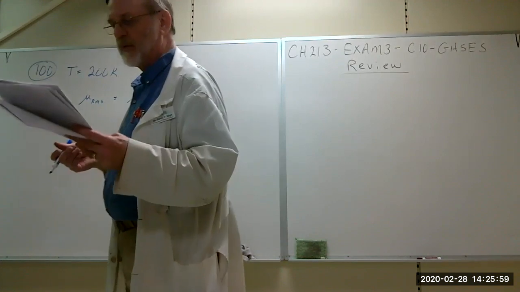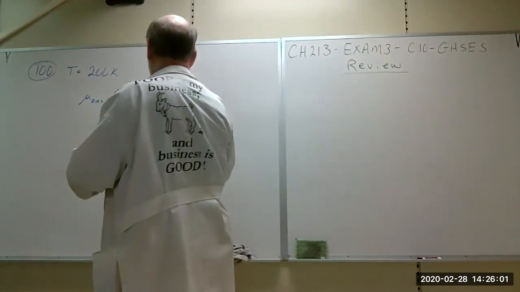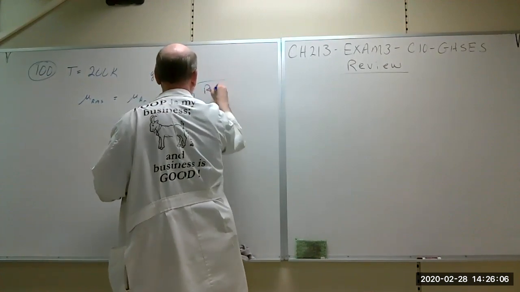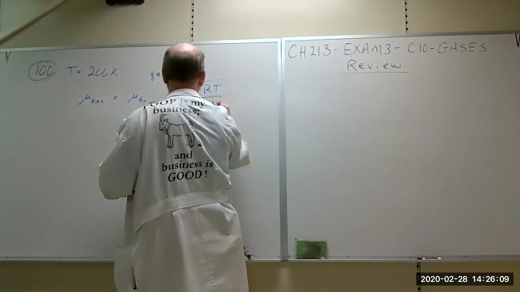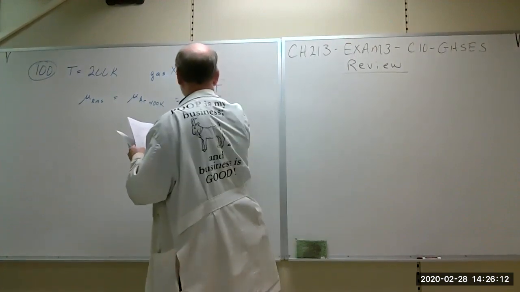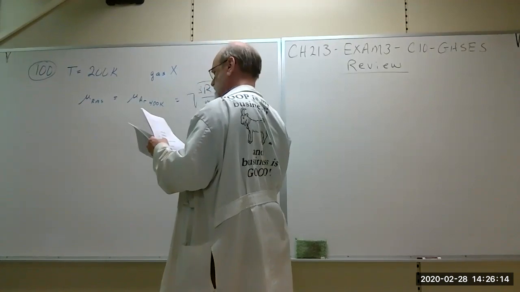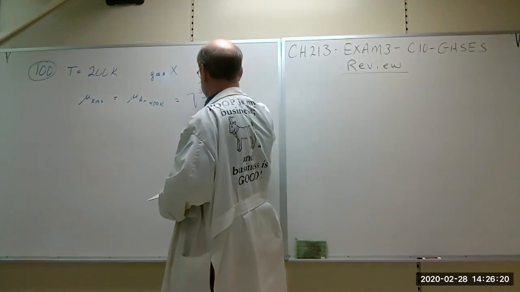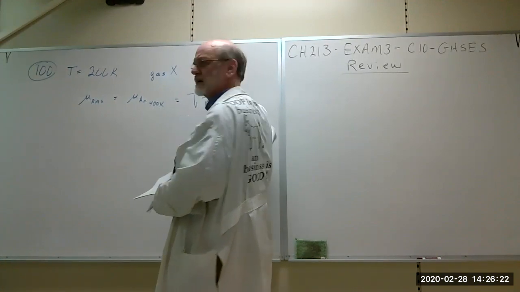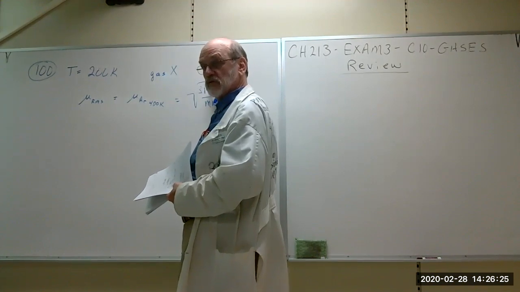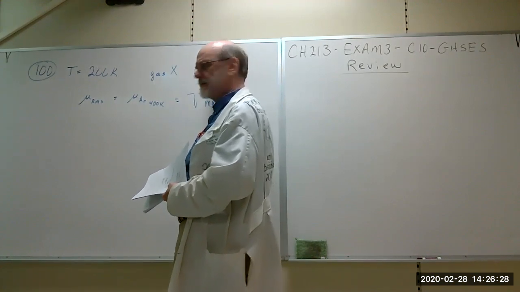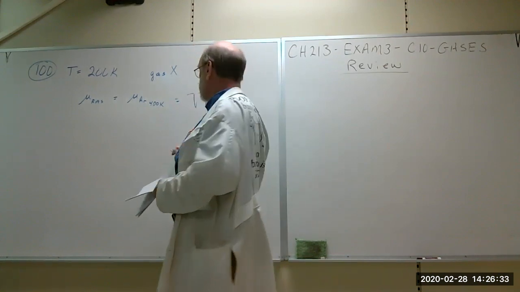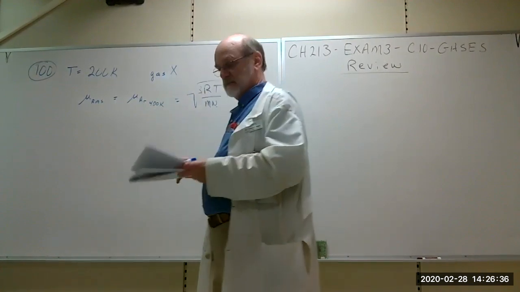Actually, there are two ways to solve the problem. We can use the formula here. So the root mean square velocity is going to be 3 times the temperature times the R value that has joules in it, 8.3145, I believe, divided by the molar mass of the gas. And calculate the velocities for each one.